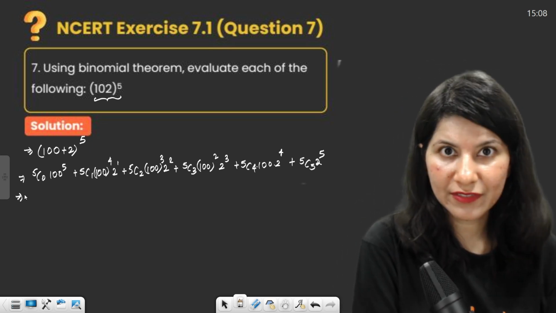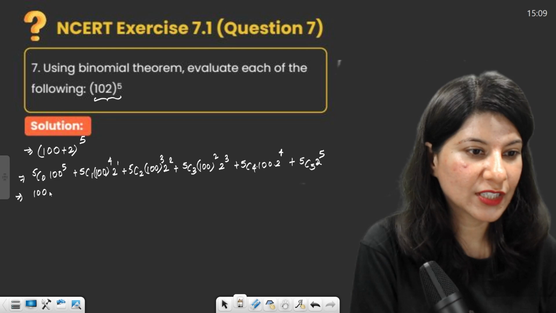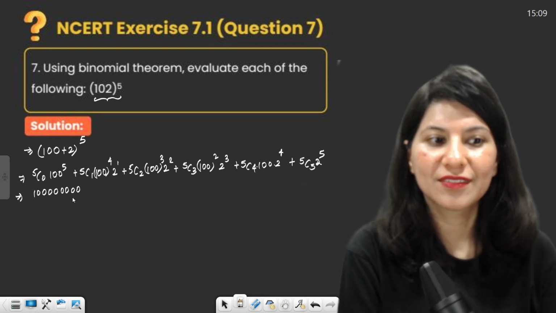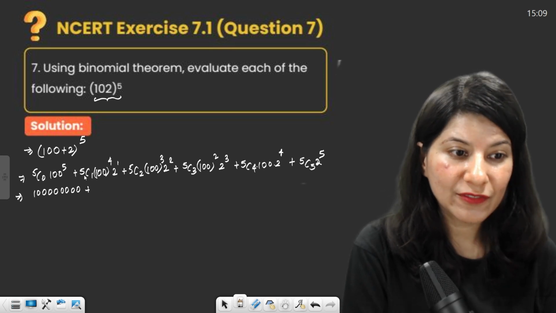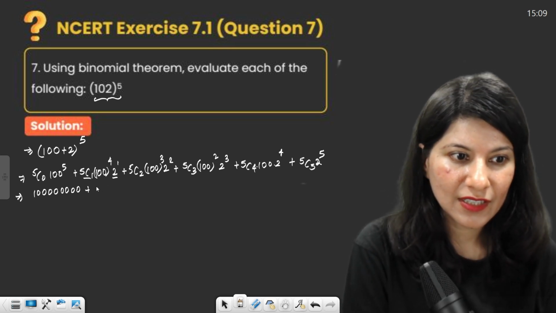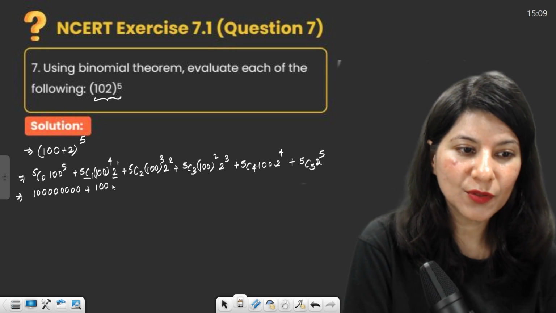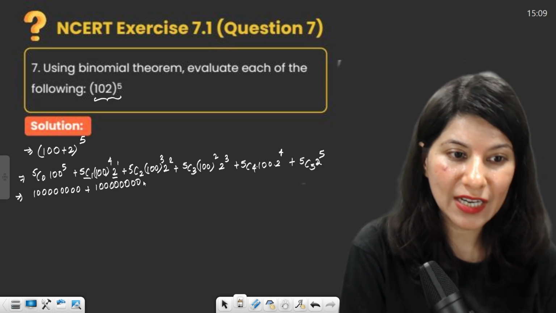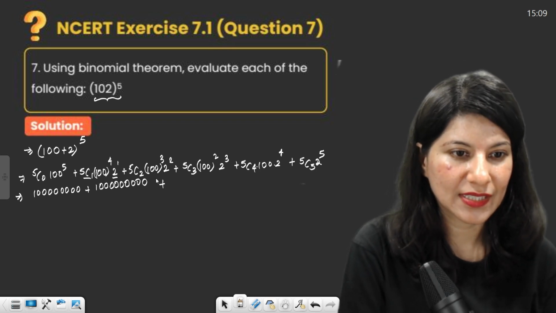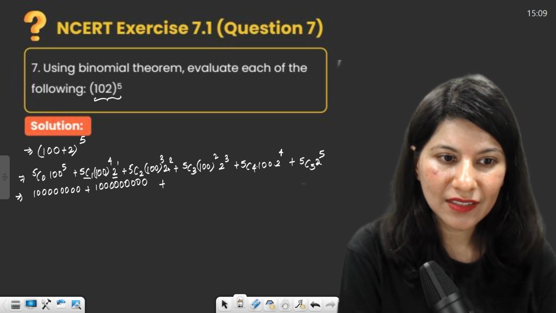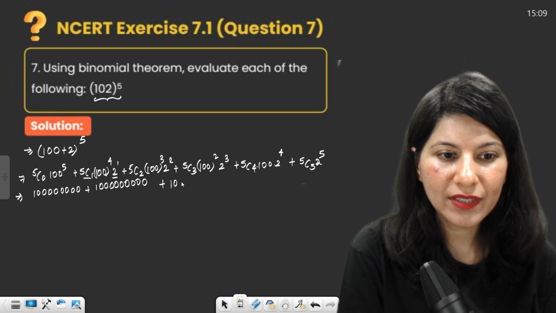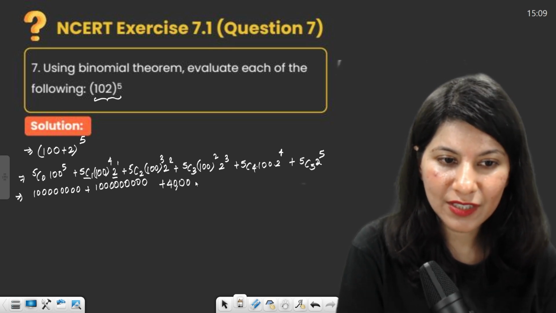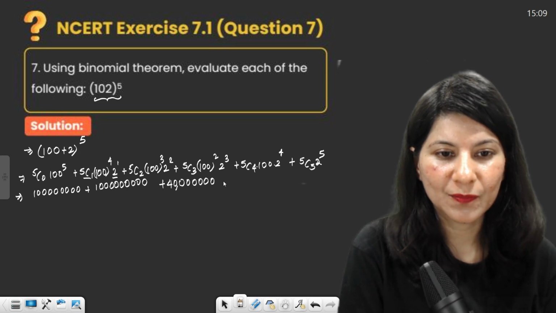Let's solve. 5C0 is 1. So 100 raised to power 5, 10000000000, plus 5C1 is 5, 5 twos are 10, so 10 into 100^4. Plus 5C2 is again 10, so 40 into 100 cubed.